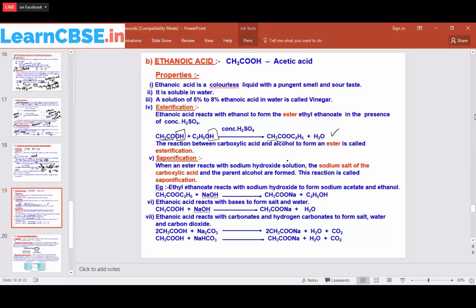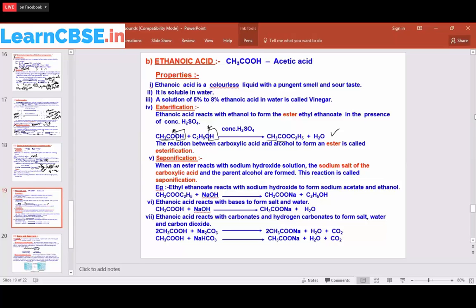In organic chemistry, we have to write where the bond is breaking, there only we have to form the bond. So in this case, here the bond is breaking and here the bond is breaking. So we should not write CH3CO, C2H5O. That is a wrong way. So the bond is breaking over here.